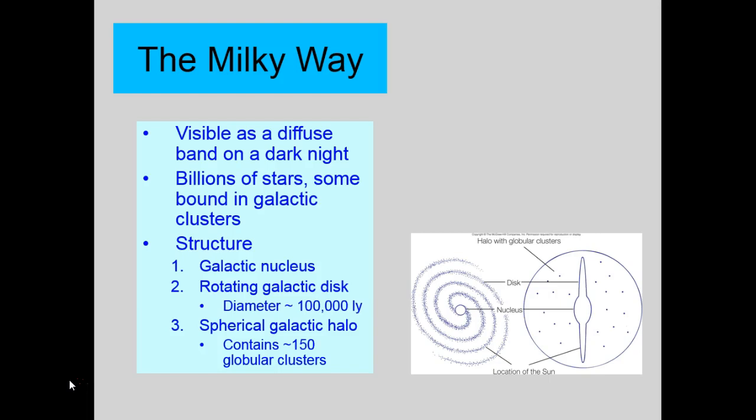And this is our idea of what the Milky Way looks like. We've never gotten far enough away that we can take a picture of it, for sure, okay? But this is what we think it's like. Anyone know why we can model it like this? Has anyone ever heard of Andromeda? What is it? A neighboring galaxy.